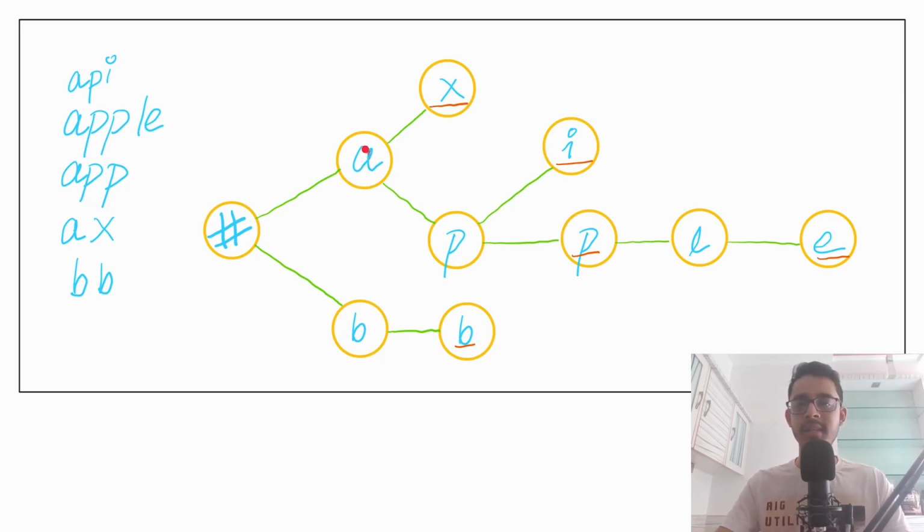First, what is its own character, which is in this case A. Second, who all are its children, which is represented by the green lines. In this case, it's X and P. And third, if it is an ending character or not. If this particular character marks the end of a word or not, right? And in this case, you see that X here marks the end of a word, which is AX.